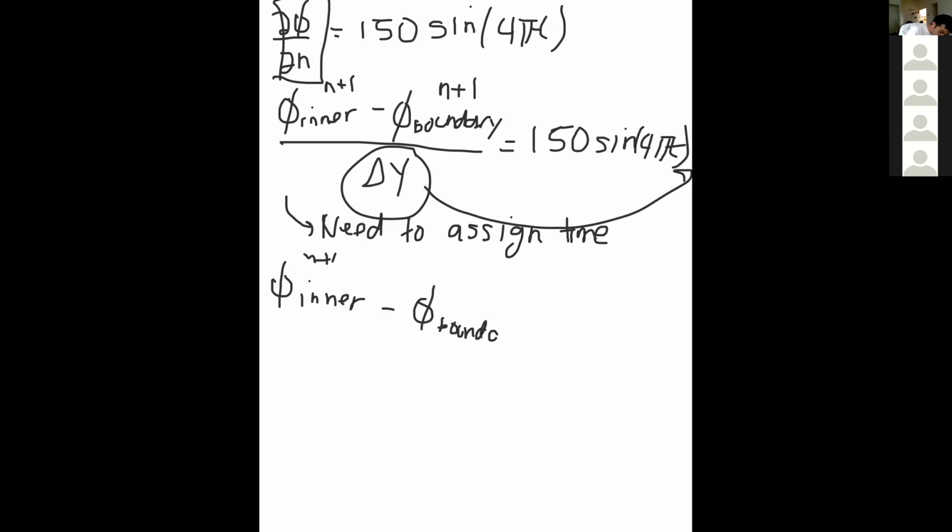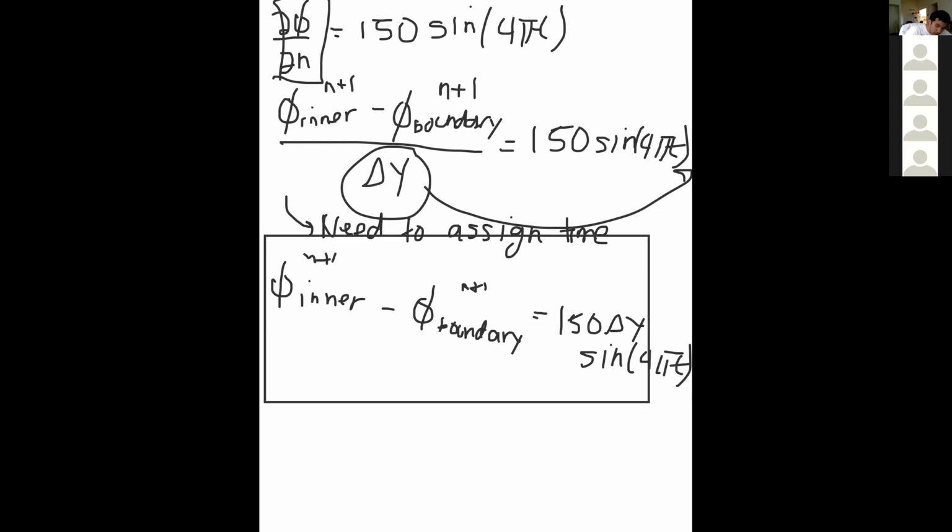Then if we move this delta y over to the other side, what we get is phi inner at the n plus 1 minus phi boundary at the n plus 1 is equal to 150 delta y sine 4 pi t. And this equation right here turns into the algebraic equation that you can put into your matrix.